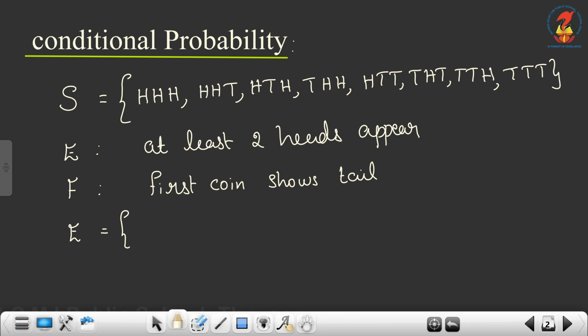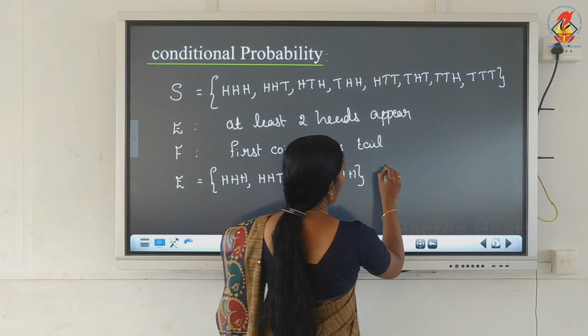So we can write E as a set, it's a subset of the sample space. At least 2 heads appear means 2 or more, that's the meaning of at least. So 2 or more heads. So I can write 3 heads, HHH, then HHT, HTH, then THH. So there are 4 outcomes. So what is the probability of E?